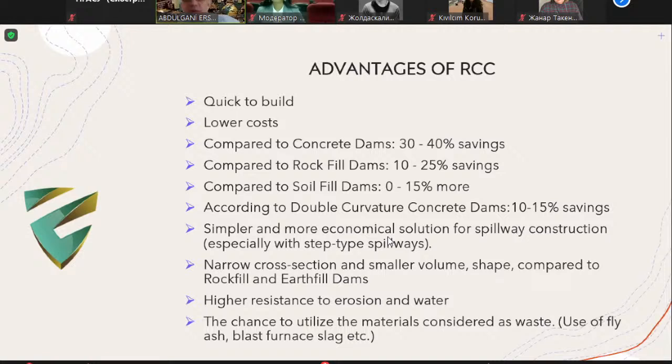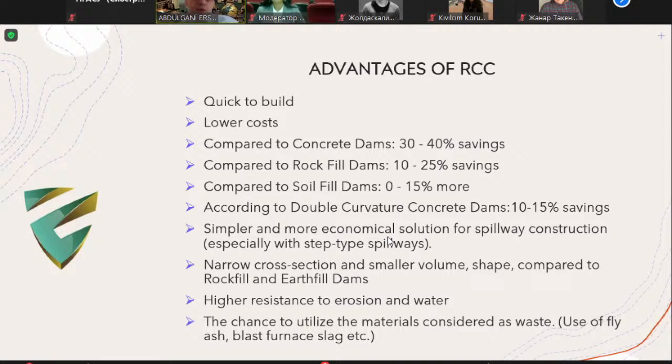Simpler and more economical solution for spillway construction. Actually, the body of the RCC dam itself is a spillway because it's highly resistant against erosion and water.